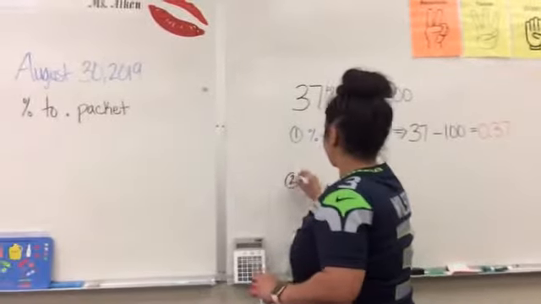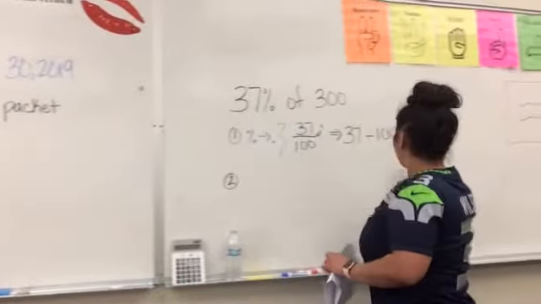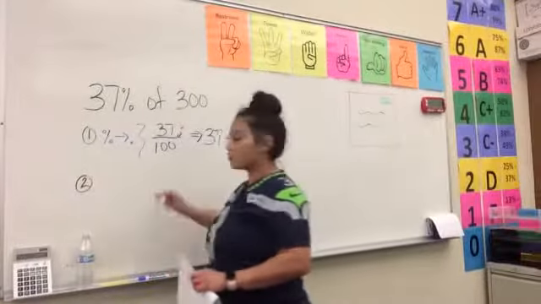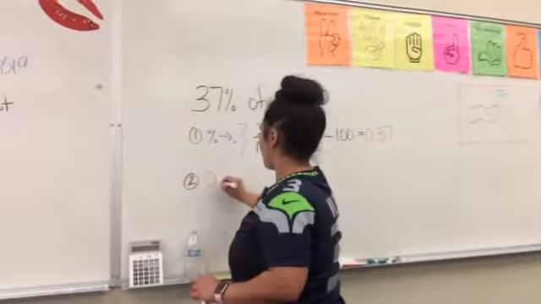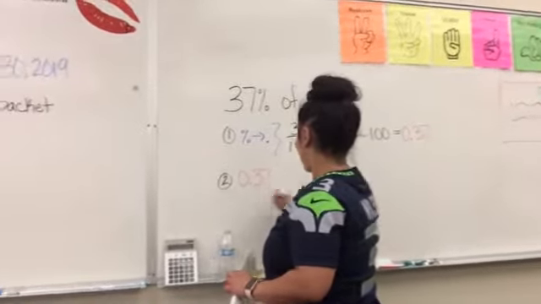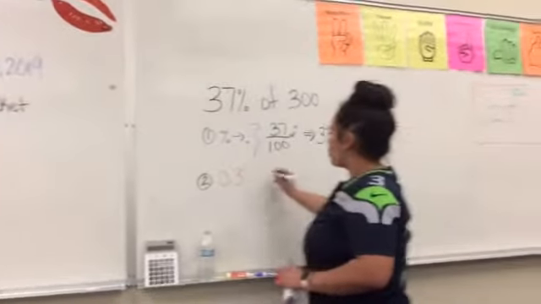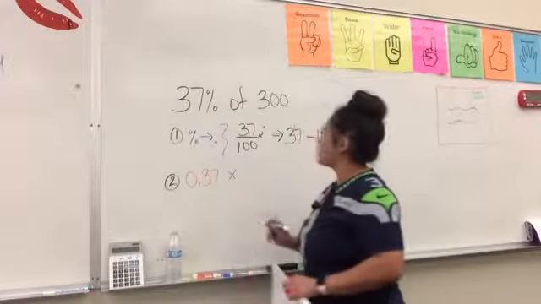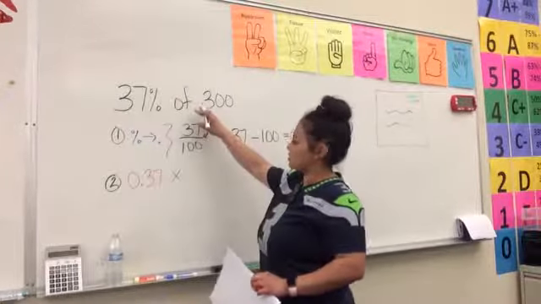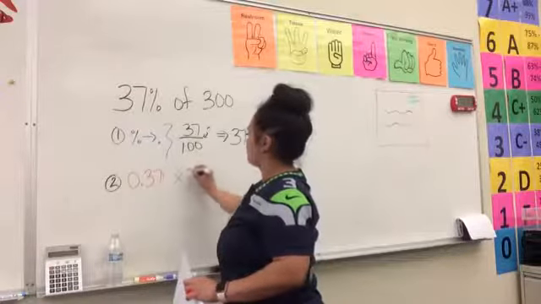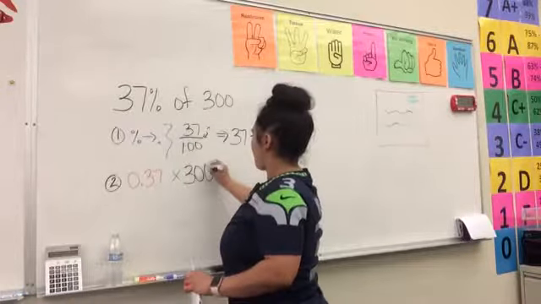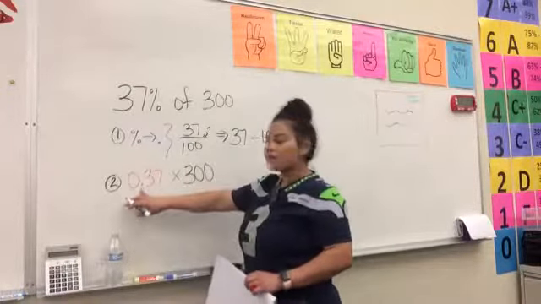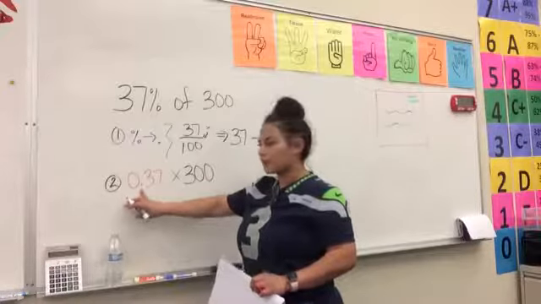Step 2, I take the decimal that I just got, which is 0.37, and I'm going to multiply it by the total of whatever we are talking about. In this case, it is 300. Reminder, we cannot get rid of the decimal. It is part of the number.